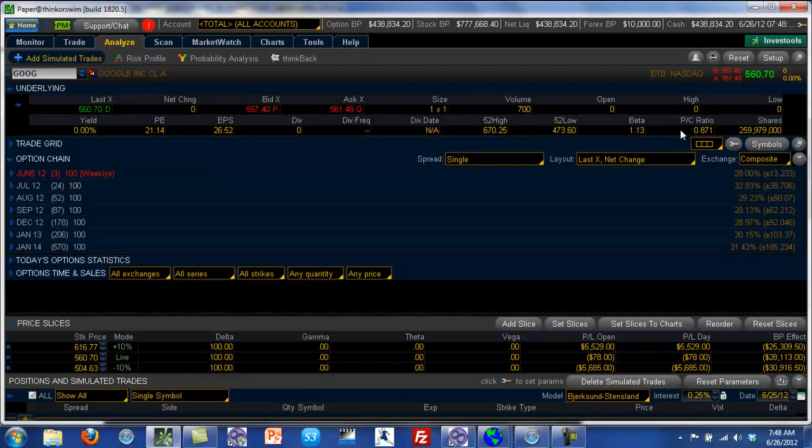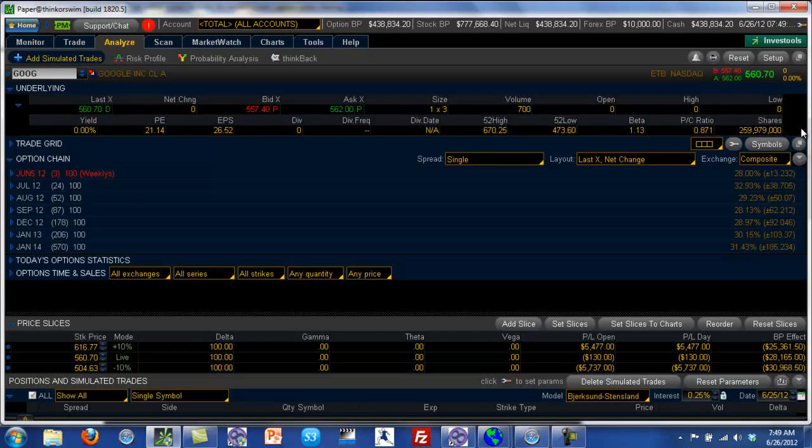If the put call ratio is more than 1, which means there are a lot more puts than calls, and in fact if it's like 1.5 or 2, then you know that there is quite a big bearish sentiment on Google, because puts are in general a bearish instrument and calls are a bullish instrument. So if you have a put call ratio of much more than 1, say 1.7 or 2, then you know that there is in general a bearish outlook on the stock.